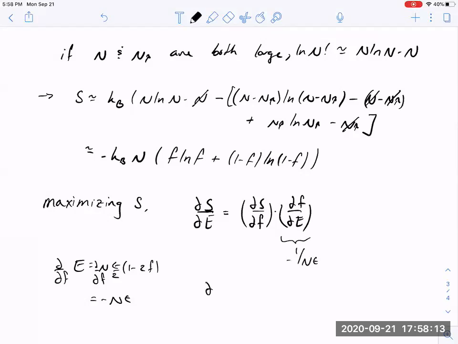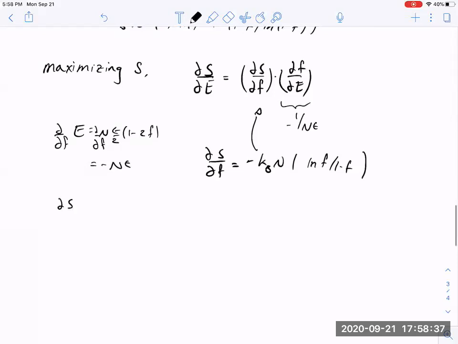Taking the derivative of the entropy with respect to f, we get a minus, a kB, and an N. Now a bunch of chain rules, but this will all simplify to log of f minus 1 over 1 minus f. Nice and simple. So we put that in there.